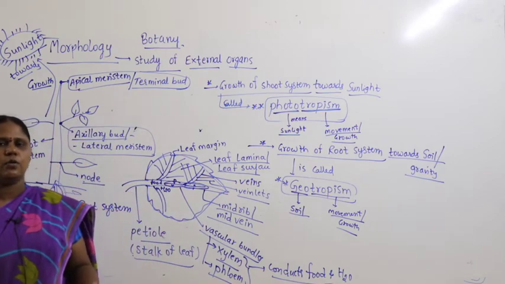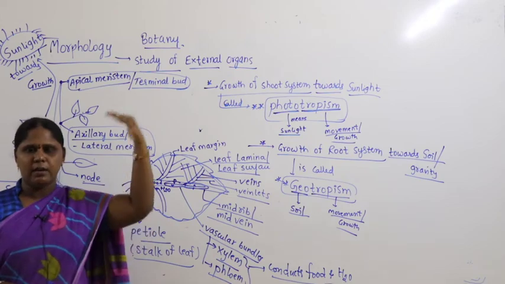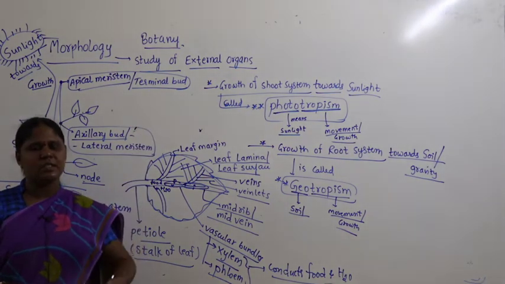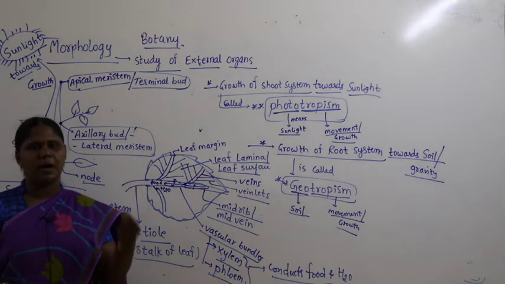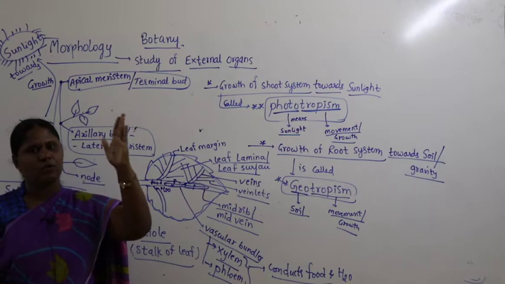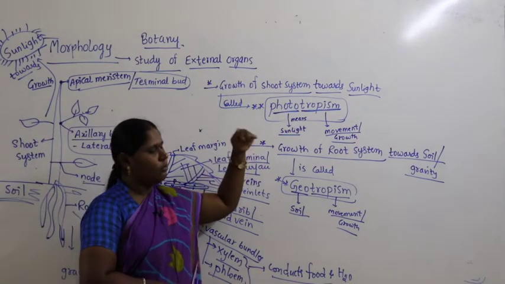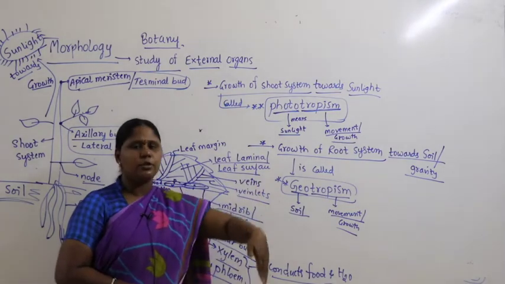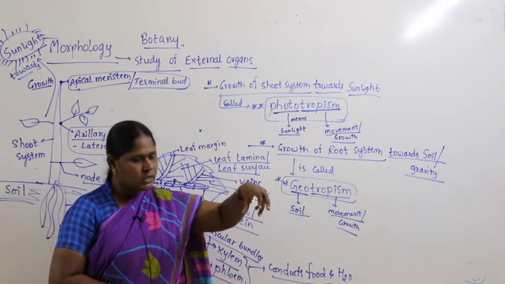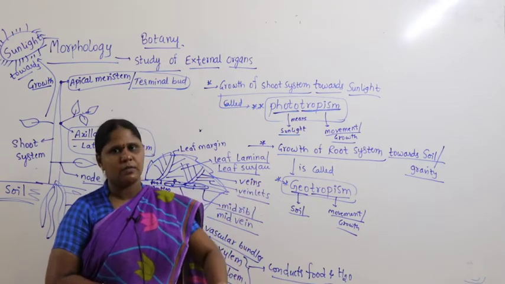All plants grow towards sunlight, aerially above the soil level. So, when the shoot is growing, when the stem is growing, the green colored part of the shoot is growing, the growth of the shoot system is called phototrophism. Similarly, root is growing into the deeper and deeper layers of the soil. Root system is penetrating, meaning going inside the layers of the soil.